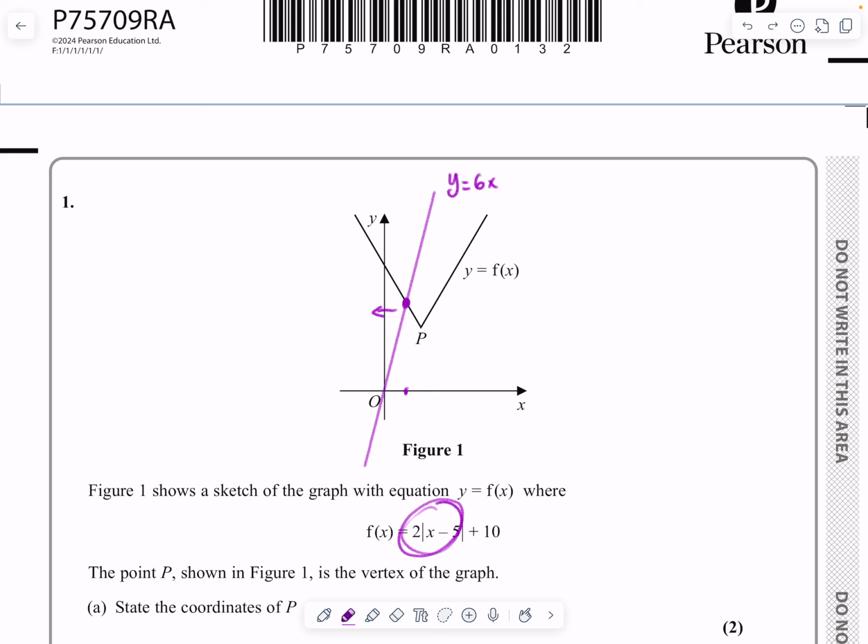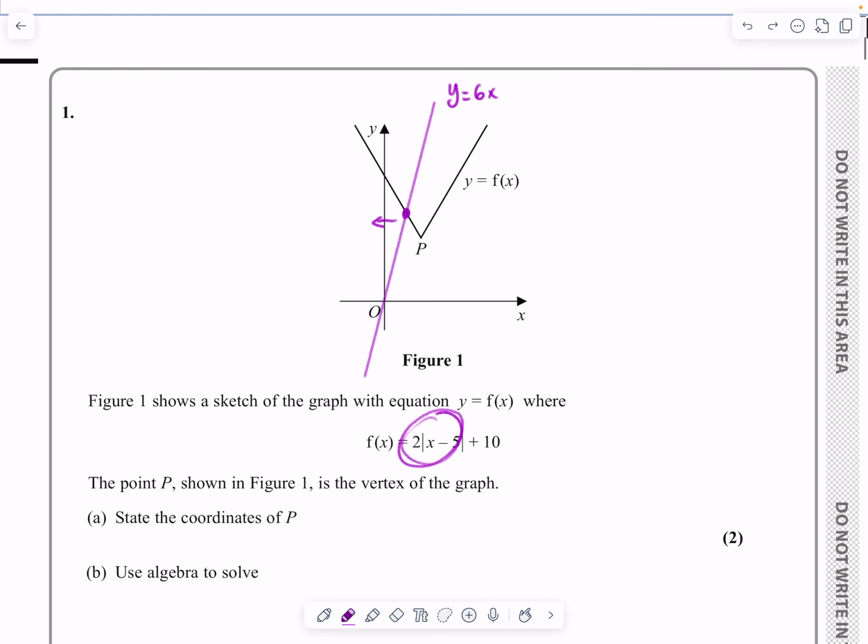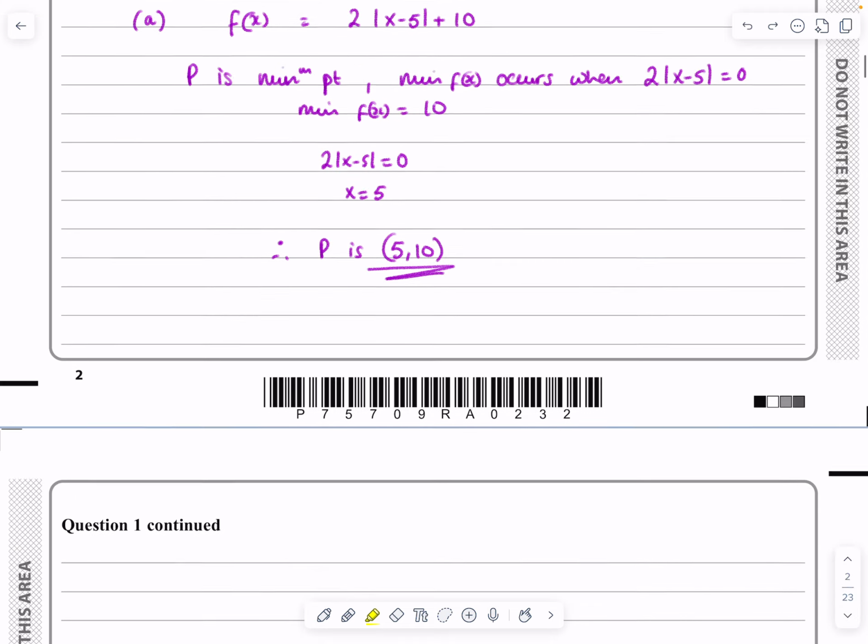Okay, so let's find where it actually intersects then. Looking at my function, this one has a positive gradient and this one has a negative gradient. The intersection is going to occur when 6x hits the negative part of the graph, the negative gradient.